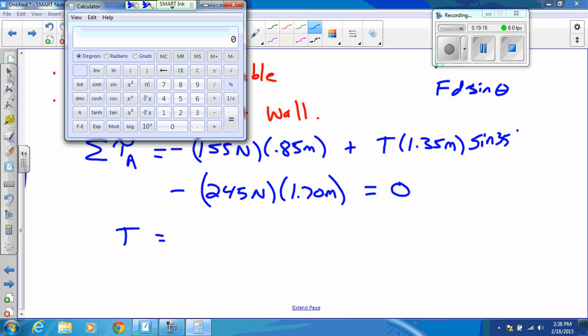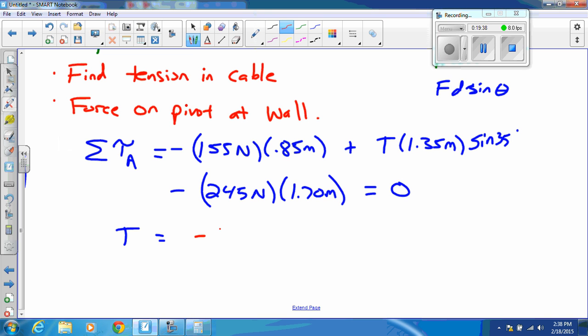Let's compute. We should have 155 times 0.85 plus 245 times 1.70. And that gives us the negative components there.